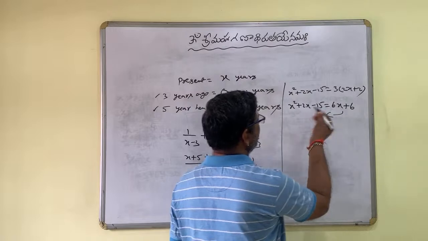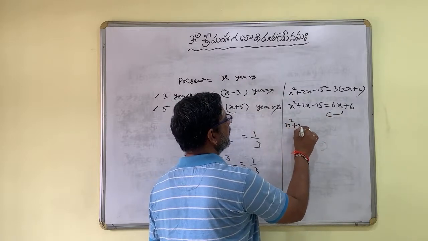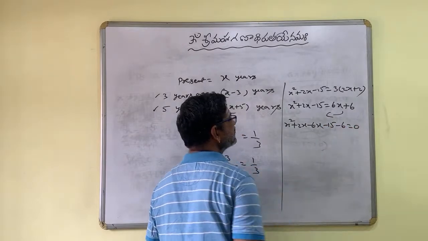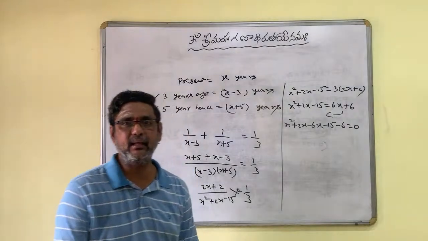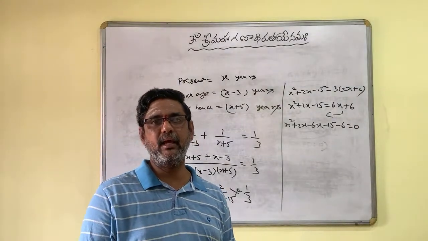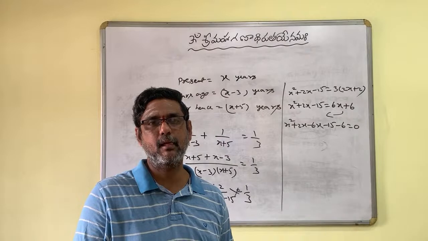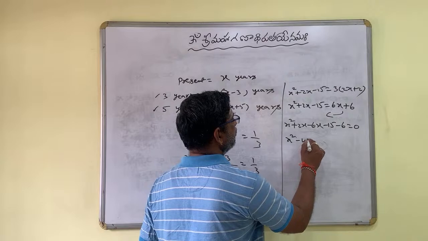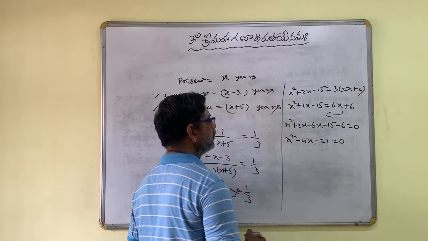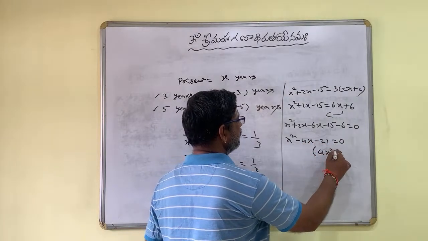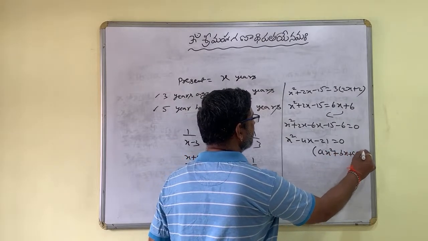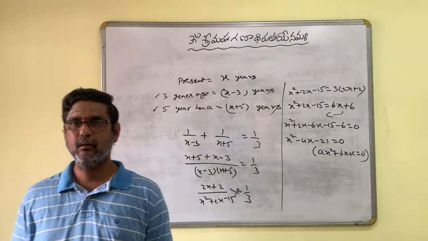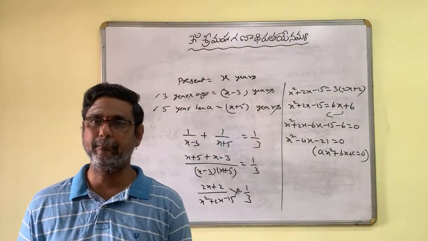Now bring this to this side. x square plus 2x minus 6x minus 15 minus 6 is equal to 0, bringing the RHS part to LHS. Now simplify. x square minus 4x minus 21 is equal to 0. Compare this equation with the general form.